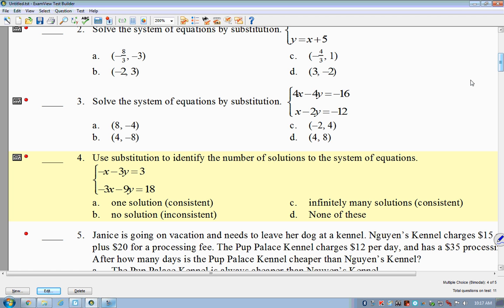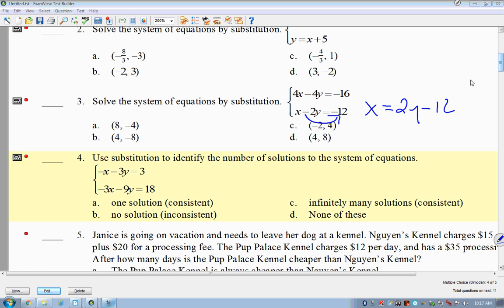No. Which one would be the easier one to solve for a variable? The bottom one. I would just add 2y to both sides. x equals 2y minus 12. But it's not already there, which means I do have an extra step involved.